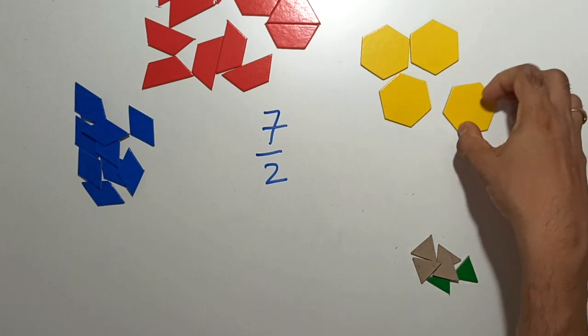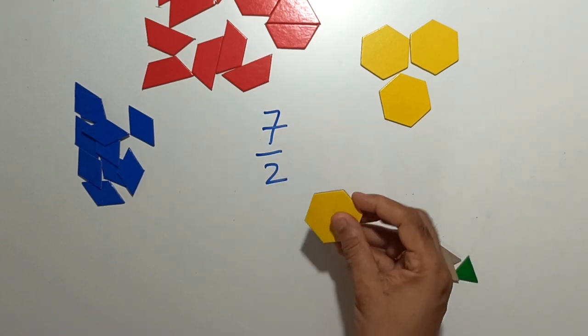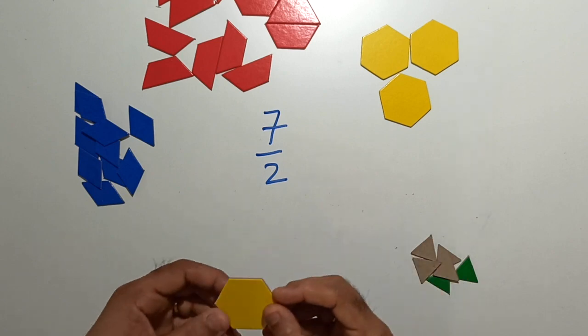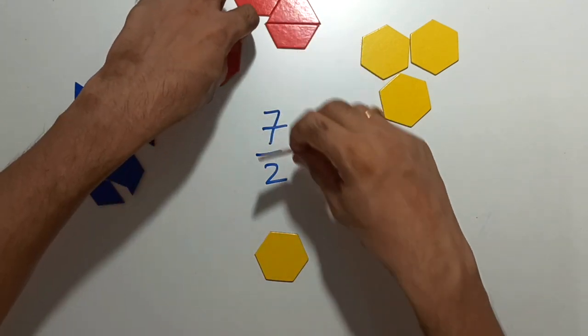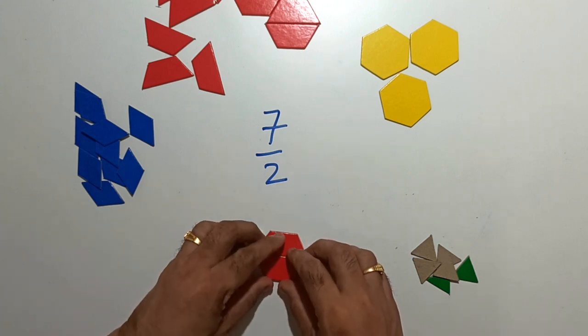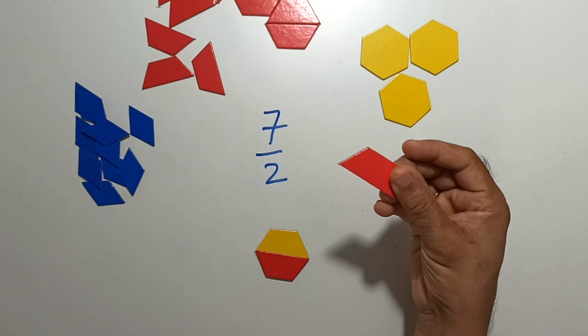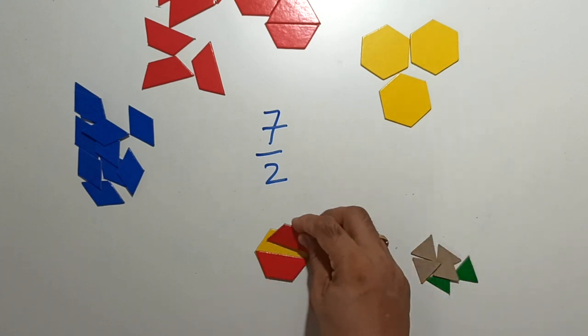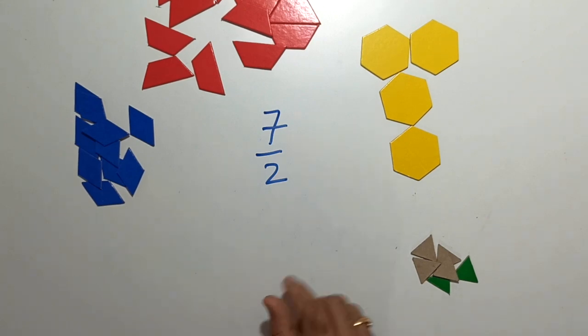So let's say I have my whole as the yellow block. Which piece represents half of this? If I divide this into two equal parts, it will look like the red piece, right? So each red piece represents 1/2 of this whole. And what does the numerator of a fraction tell us?